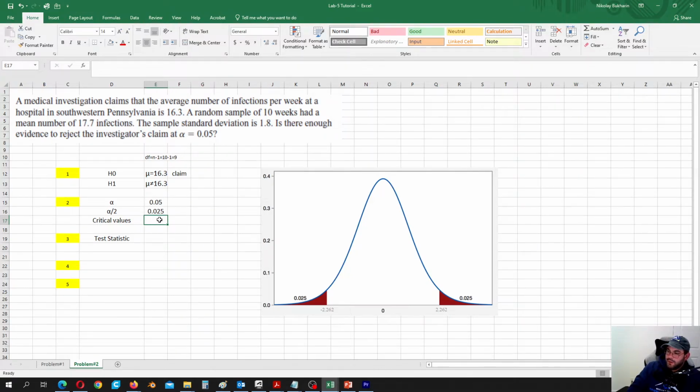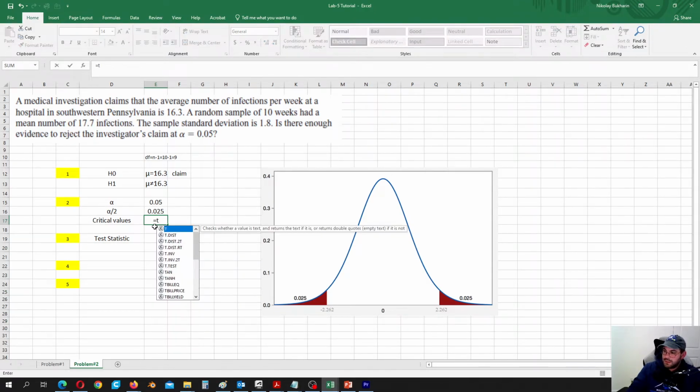Okay, the critical values, we have two critical values. One is cutting the left tail, another one is cutting the right tail. We use the t distribution inverted. We have a couple of options here.